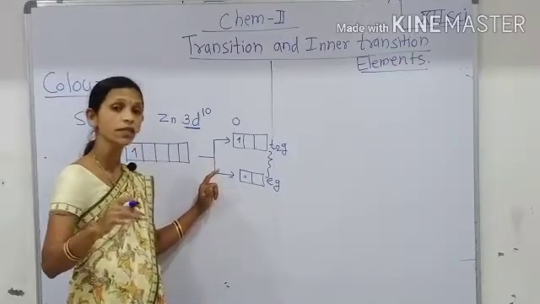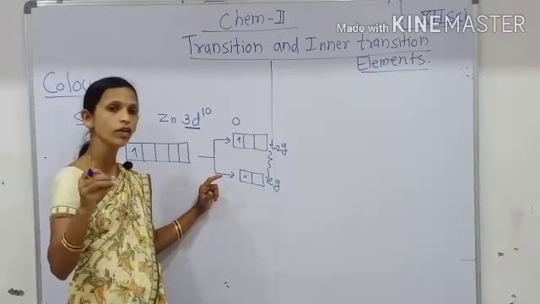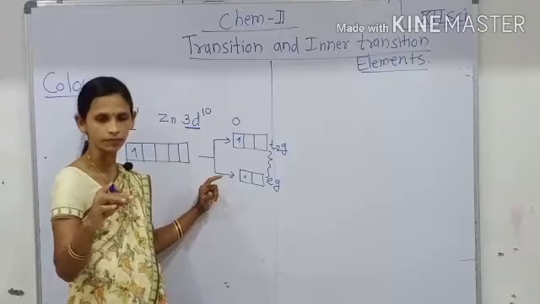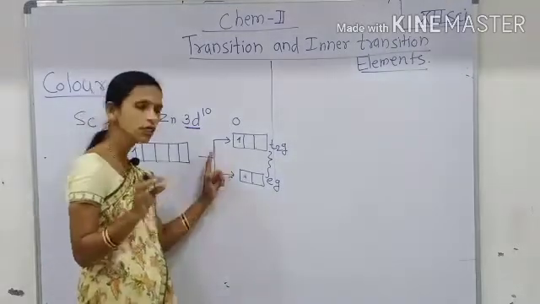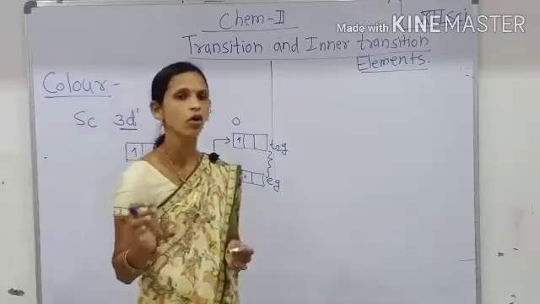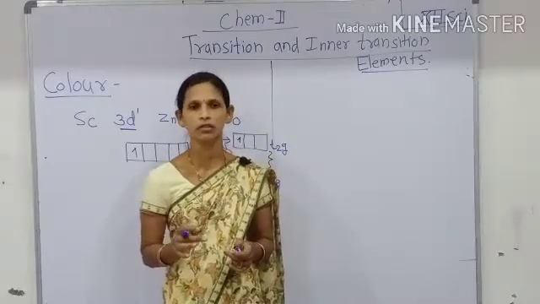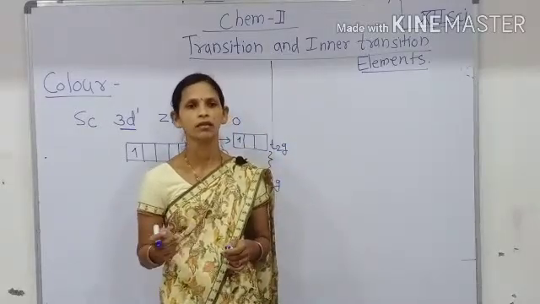That means it emits light of blue color, therefore these elements show blue color. The ions or elements which contain unpaired electrons have colored compounds.